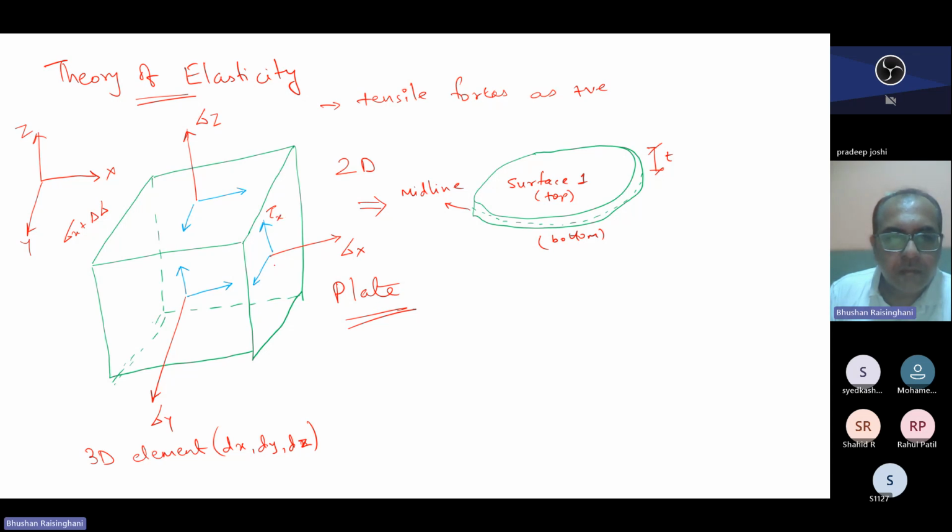So here it will be x. Here also it will be x. So this is the normal direction. In which direction the force is getting acted, you have to write it in the second subscript. So vertical is z, horizontal is y. This will be tau y, again tau y. Here it will be x, and it will be z.